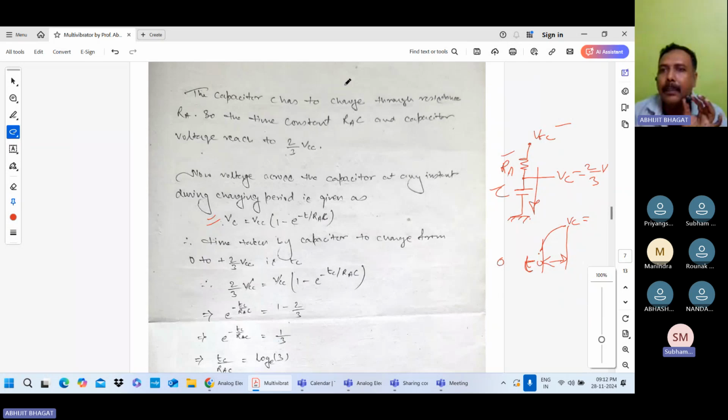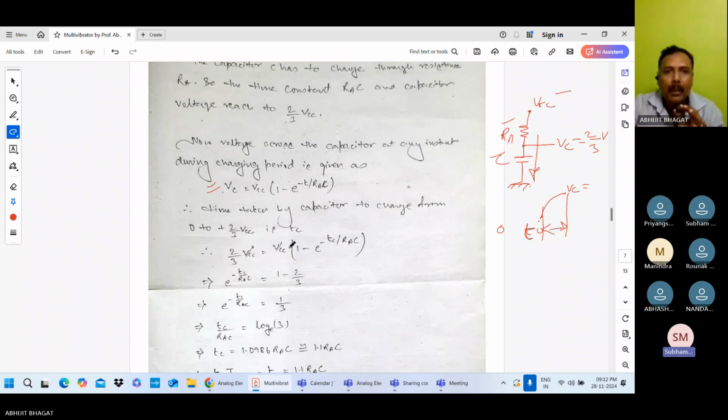Here for this case, your VC equal to 2 by 3 VCC. So you put in this formula VC equal to 2 by 3 VCC. VCC cancels out. So if you solve this, you will get this.